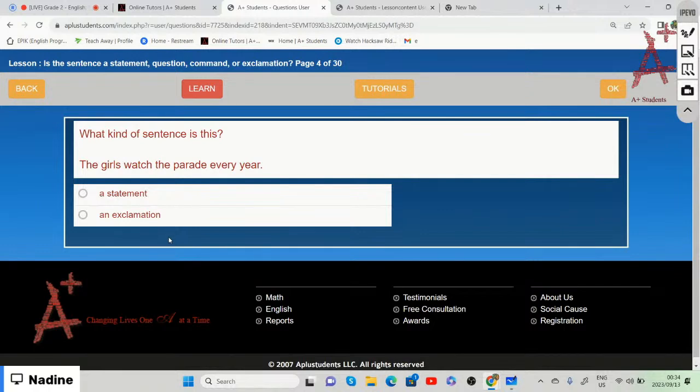Is this a statement where you're just telling about something, or is this an exclamation sentence where we are showing strong feelings or emotions or surprise?